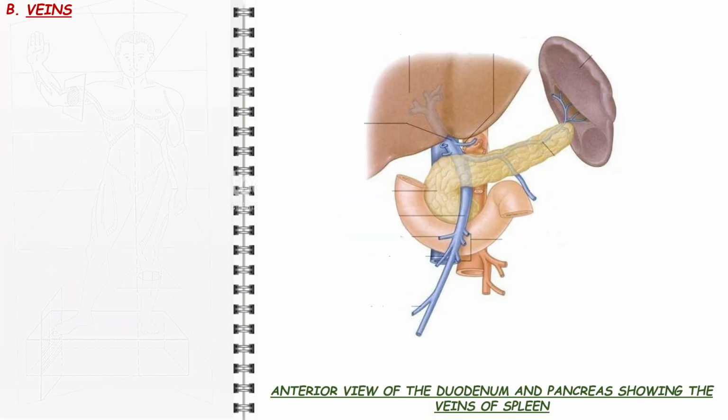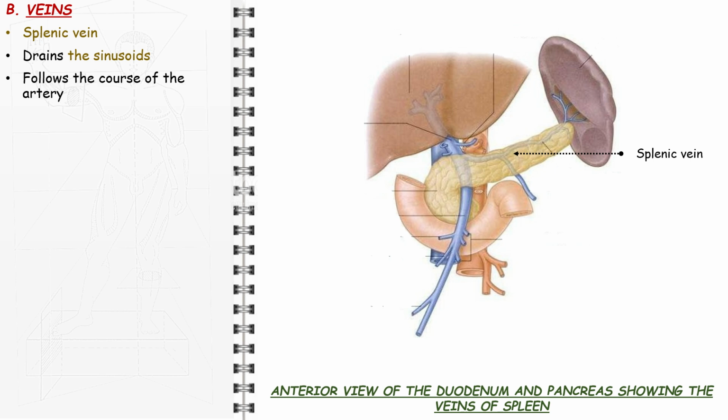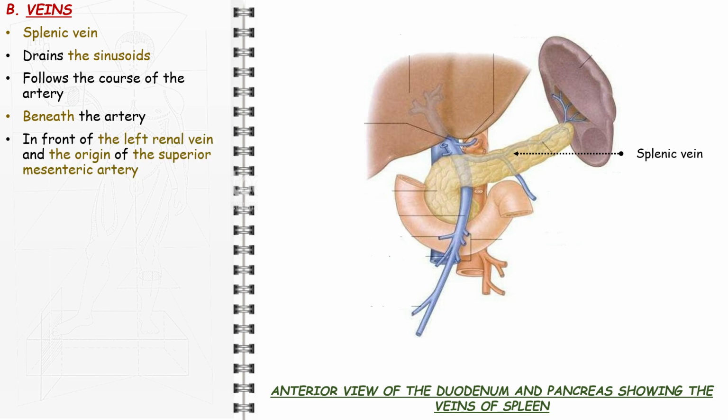The veins of the spleen drain the sinusoids of the red pulp, accompany the arteries and unite to form the splenic vein. The splenic vein flows into the portal vein beneath the lower border of the splenic artery, first, in front of the tail of the pancreas, then, behind the body and inside the retropancreatic fascia, afterwards, over and in front of the left renal vein and the origin of the superior mesenteric artery.